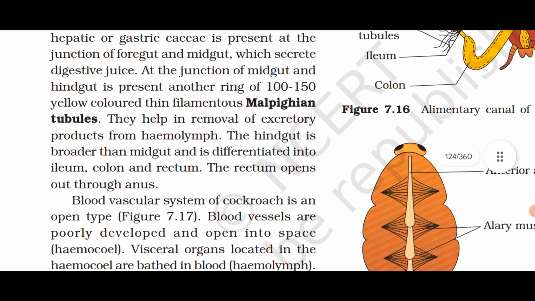They help in removal of excretory products from hemolymph. The hindgut is broader than the midgut and is differentiated into ileum, colon, and rectum. The rectum opens out through the anus.